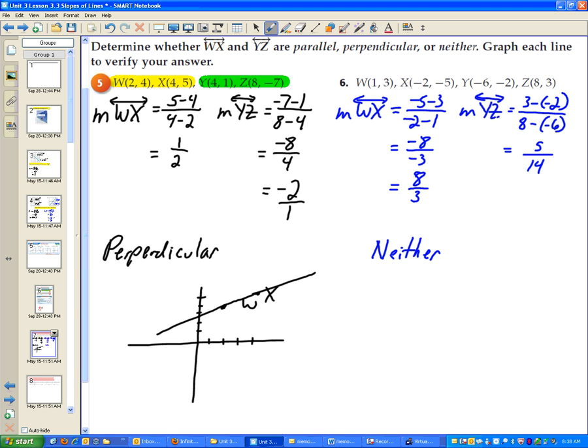We're not going to find x-intercepts and y-intercepts. We're not going to find intercepts. We're just going to plot the 2 points and draw the graph. Okay? All right, then for YZ, let's see, 4, 1. That's Y. 8, negative 7.